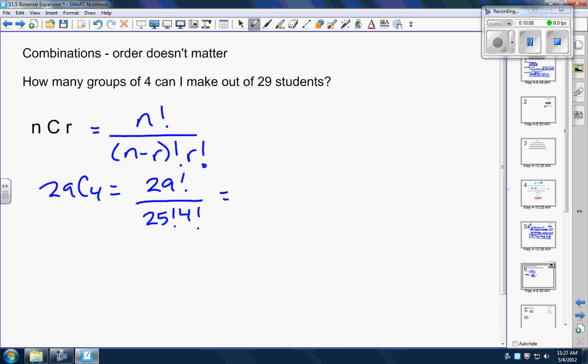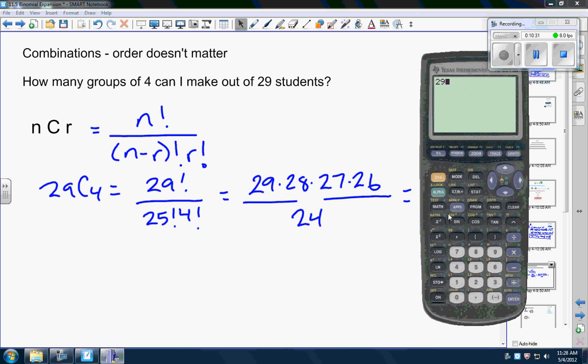You guys usually do these in your calculators, but it's good to see just where all this math comes from again. So everything under a 25 is going to cancel. And then your 4 factorial is 24. So when you guys do these in your calculators, this is really what's happening.